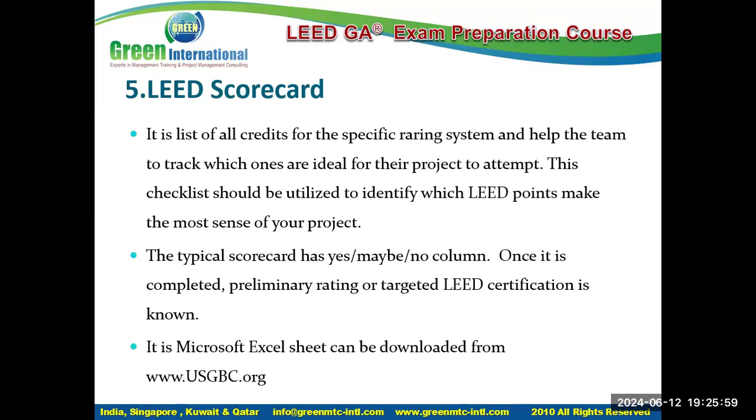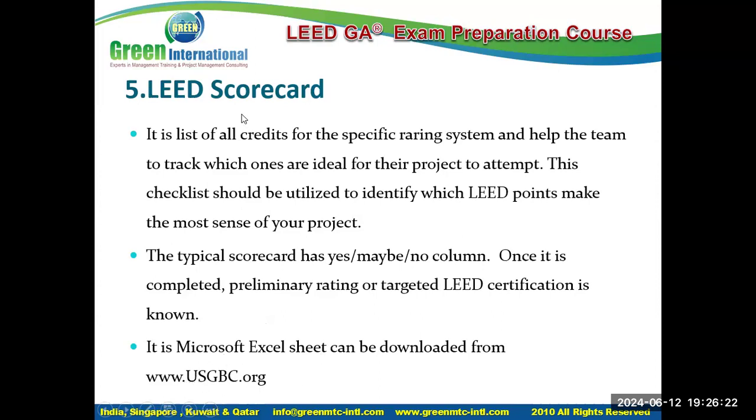So this is a LEED scorecard. It is a list of all credits for a specific rating system and helps the team track which ones are ideal for the project to attempt. The typical scorecard has a yes, maybe, no column. Once it is completed, the preliminary rating or targeted LEED certification is known. You can download this Excel sheet from www.usgbc.org.